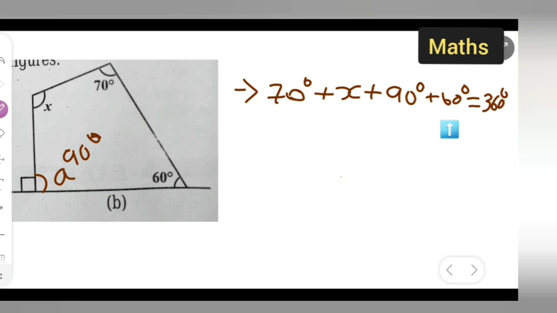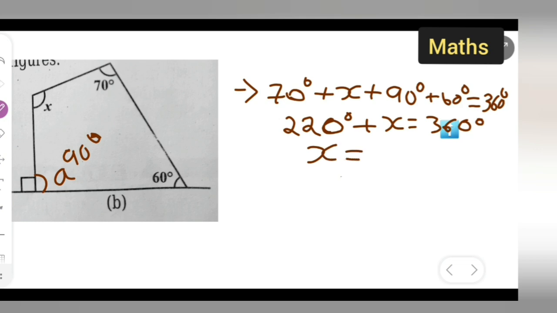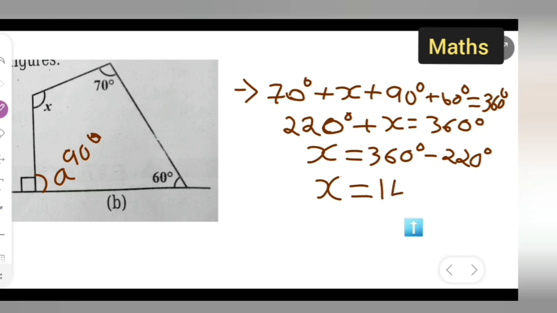So I can write 220 degree plus x is equal to 360 degree. So x is equal to 360 degree minus 220 degree. If you subtract this, what are you going to get? The value of x will be 140 degree.